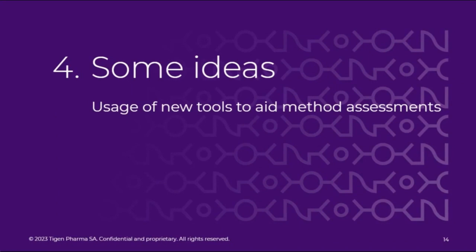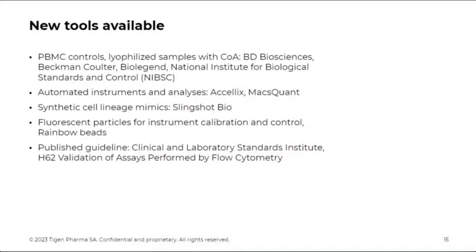So finally, I want to toss out some ideas that I am hoping may help you when you need to assess and work with your assays. The first I want to go through is that there are some new tools available. New can also be maybe a few years, but I mention them anyway.